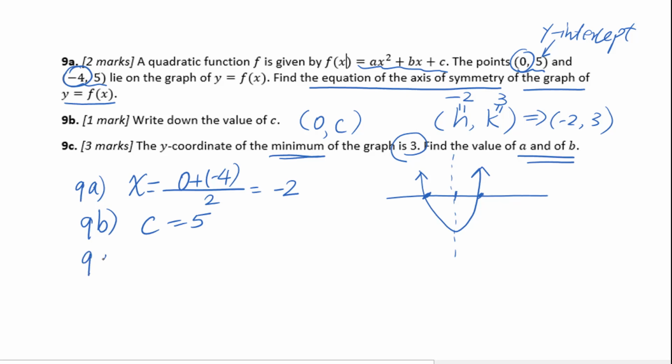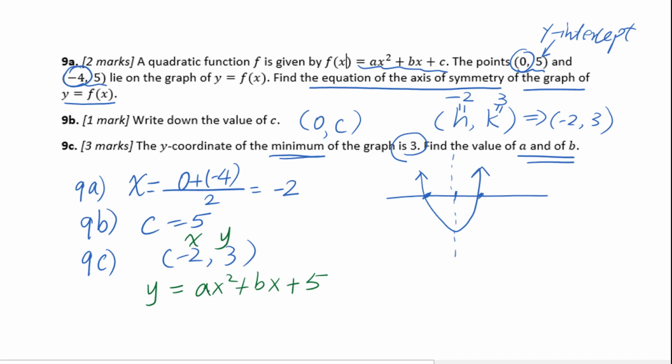So for 9c, we get the point (-2, 3). Then just plug in. This is x, here's y. I have y equals ax squared plus bx plus c. c we already figured out equals 5.